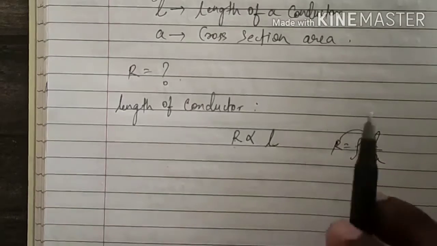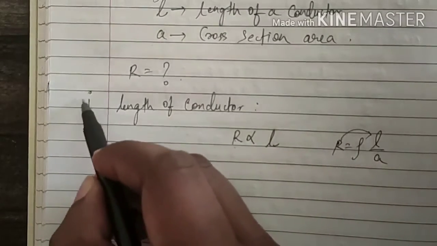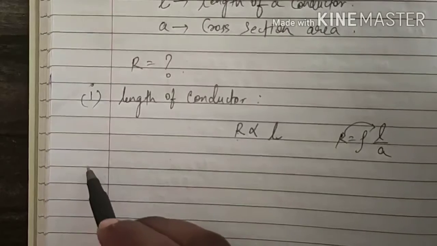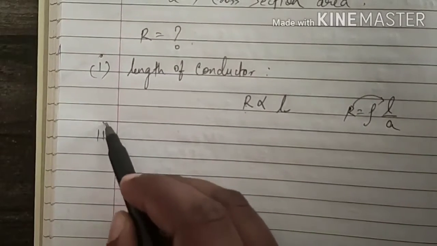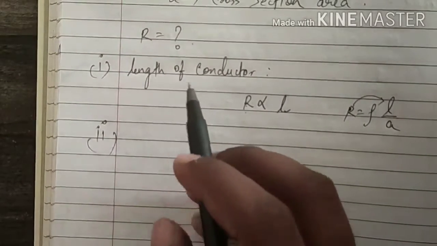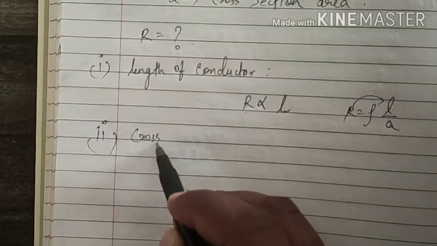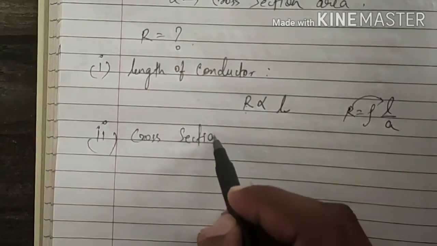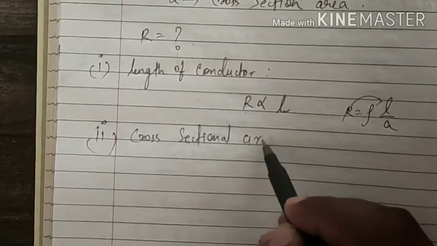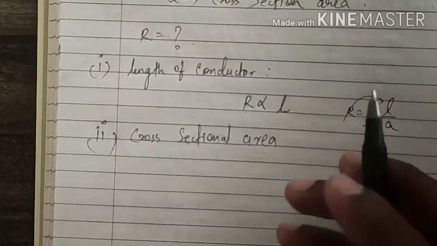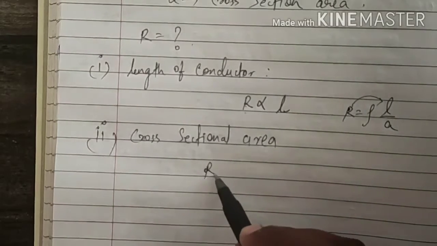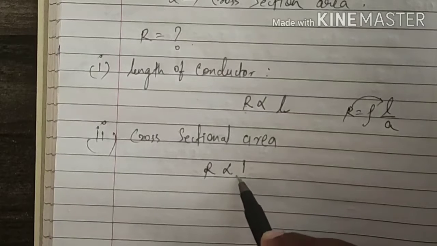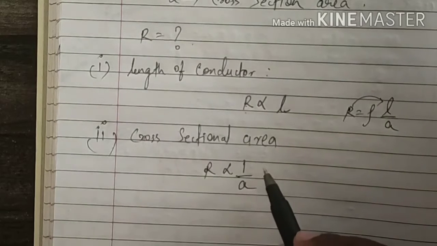Then the second one is the cross sectional area. The resistance is inversely proportional to the area of cross section.